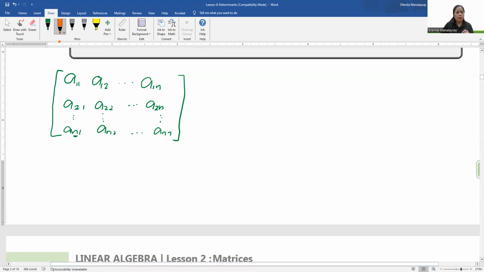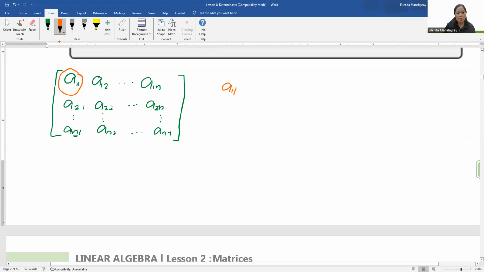So what do we do? Say, for instance, we consider A11. Then we get an element from the second row, but not from the first column because this one came from the first column. We can get A22, but we can also get A2n. Any of these elements, just not A21.